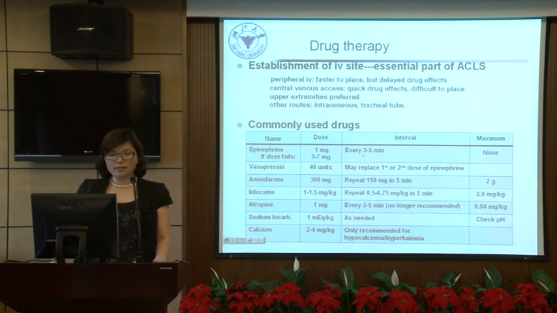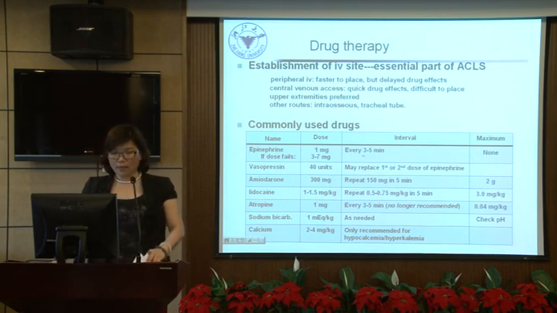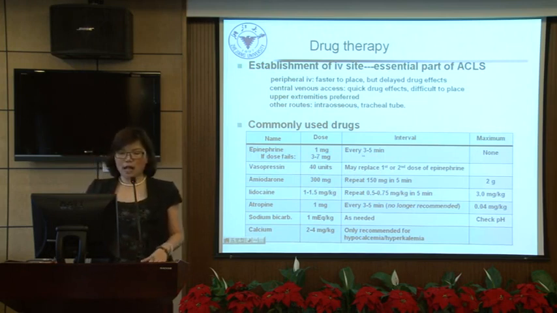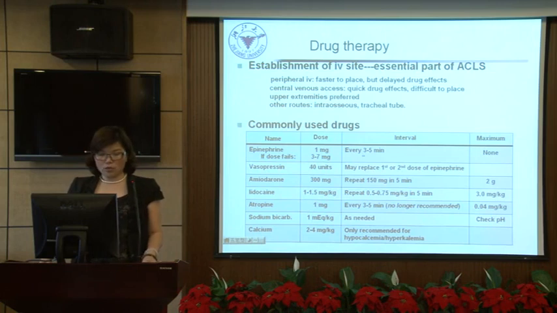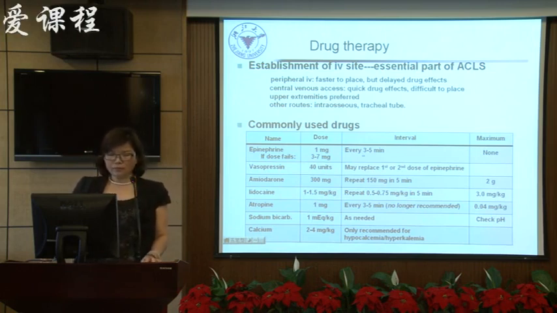Central venous access gives quick drug effects, but it's difficult to place. The upper extremities are preferred. The other routes are intraosseous or tracheal tube. Usually we should use an upper extremity vein to open IV access, right?